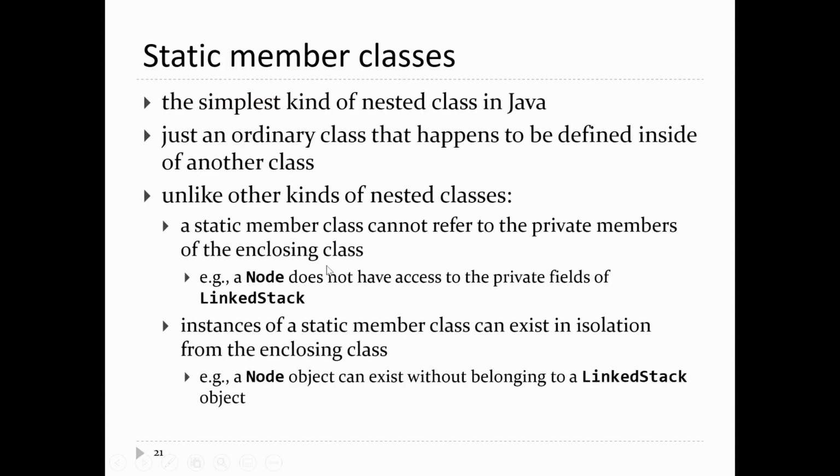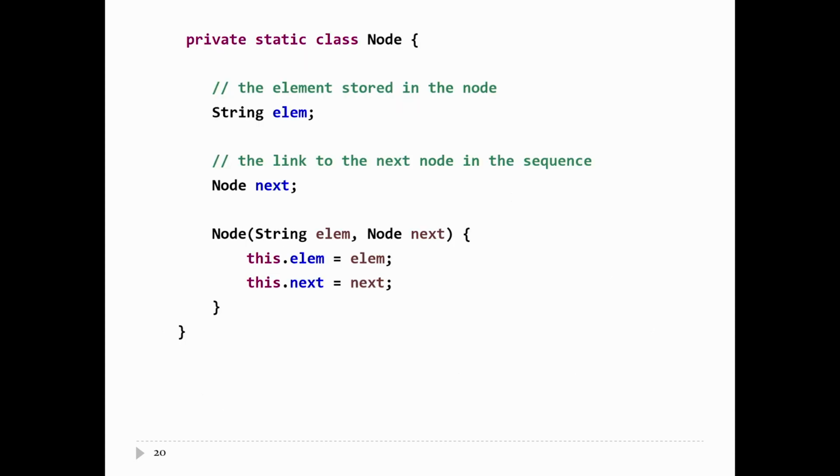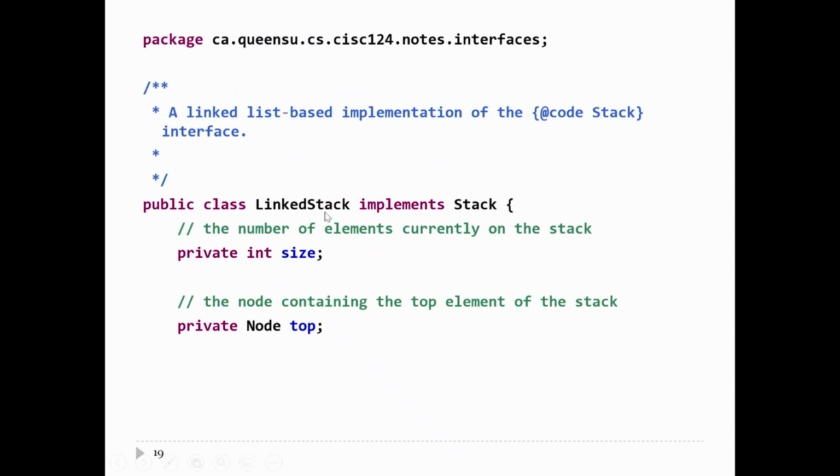Okay, so in a static nested class, the nested class does not have a reference to the enclosing class. In other words, if you make a node object, that node object does not know about the linked stack object that made it. That's different from an inner class. In an inner class, if you make an instance of the inner class, it has a reference back to the outer class object.